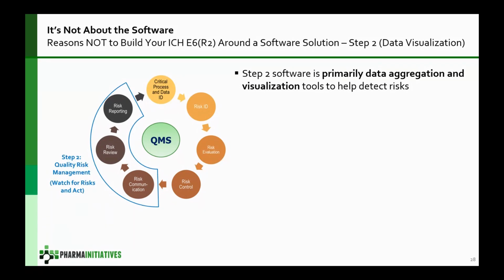And what the software does is it allows you to easily identify, oh, wow, these three sites seem to have much higher rate of PD than all the other sites in our study. And so it lets you easily visually identify who isn't in alignment with everyone else and who might be experiencing a risk.